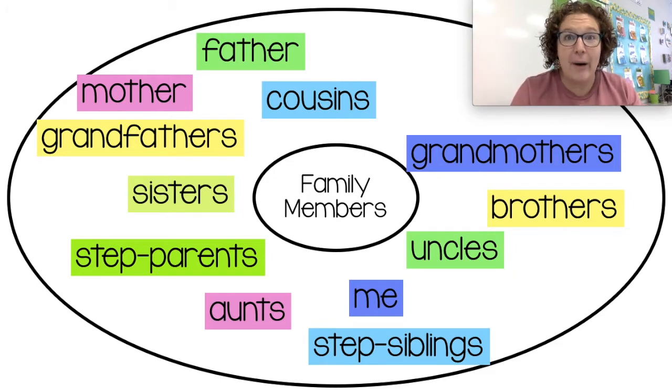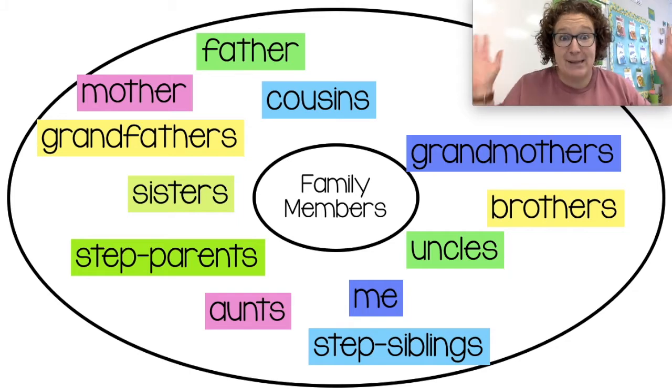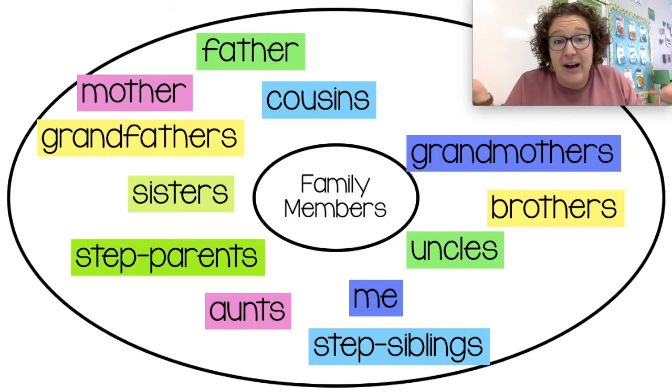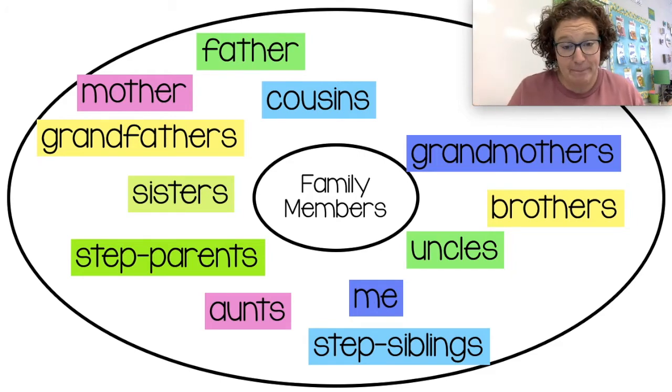So those are all people who can be in your family. And you might have lots of people that fit in a category like cousins, or you might not even have someone that would fit in a category, like you might not have a brother.